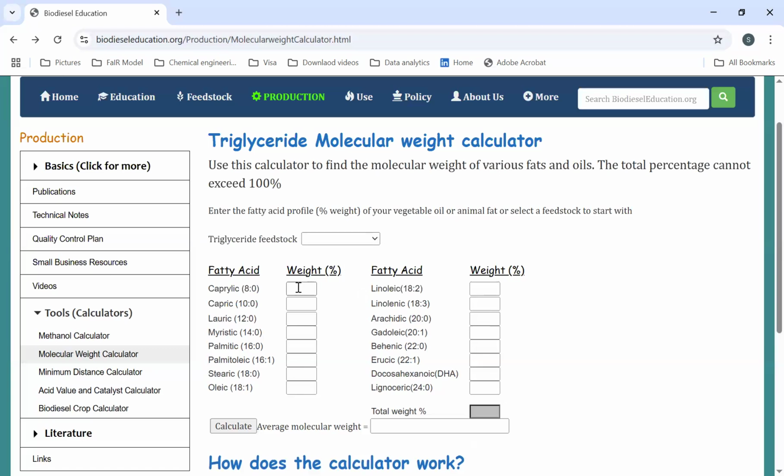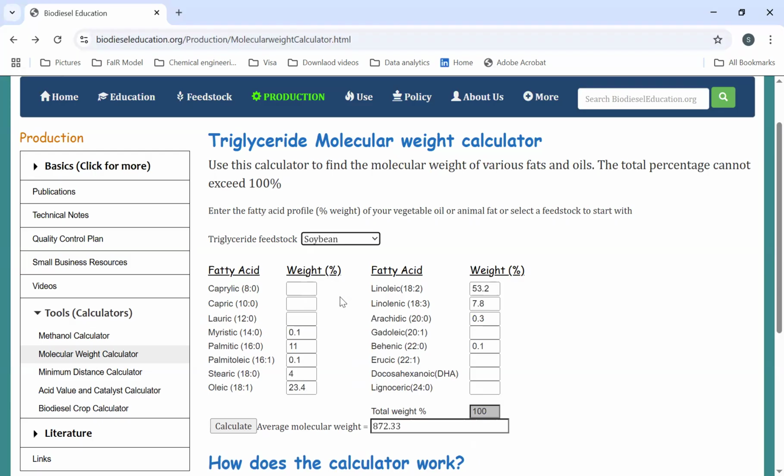First, you need to know how much weight or mole fraction of each of these acids is in your oil, and based on that, for individual fatty acids, you can calculate the mole fraction, and then you can calculate the average molecular weight of triglyceride. So for example here, this calculator has, I think, nine individual oils, and based on these oils, you can see the composition.